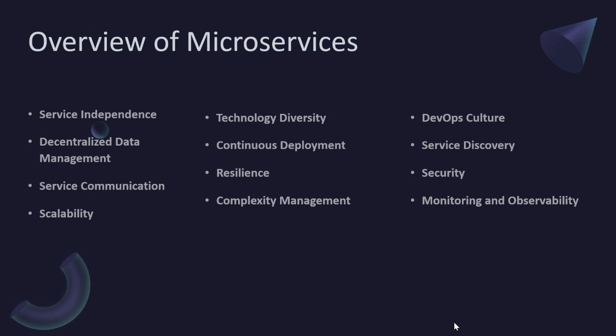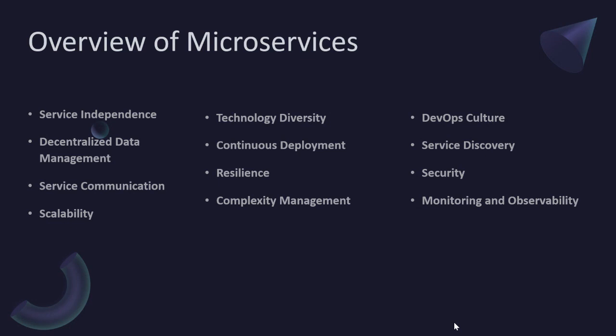This allows for flexibility in technology choices, and it encourages innovation within development teams. Next one is continuous deployment. You can say CD. Microservices are typically small and focused, which makes it easier to adopt continuous integration and continuous deployment. Sometimes it is referred to as CI/CD, and it's a practice that can lead to a faster development cycle and quicker feature delivery.